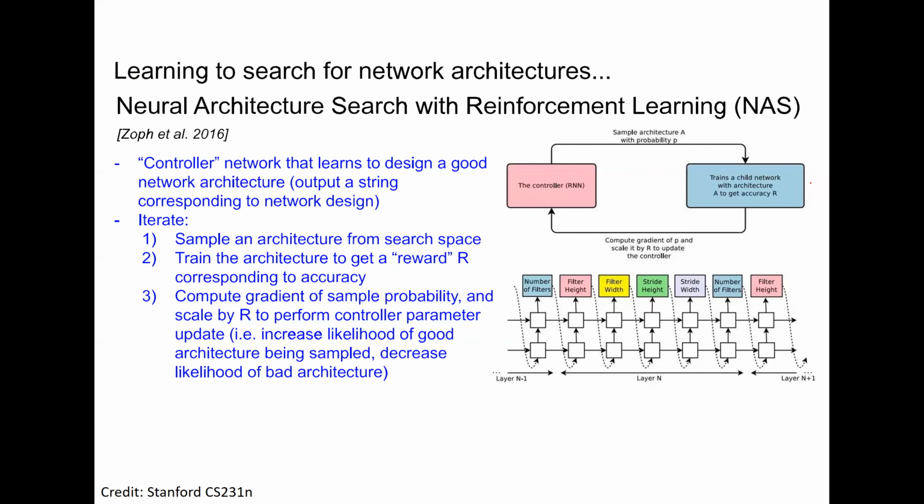And NAS, Neural Architecture Search, is to design the architecture through reinforcement learning. So rather than designing the architecture manually, why don't we just use reinforcement learning to search for the best architecture? However, generally, NAS research requires a very large number of GPUs.